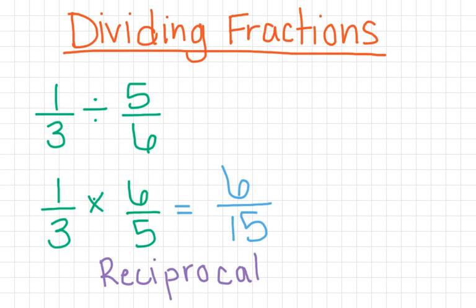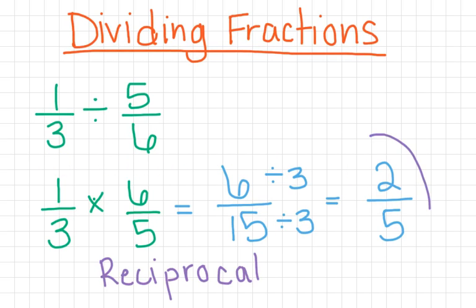And I see that I can divide both of these by 3. And 6 divided by 3 is 2, and 15 divided by 3 is 5. So the answer to 1/3 divided by 5/6 is 1/2. So that is my final answer there.